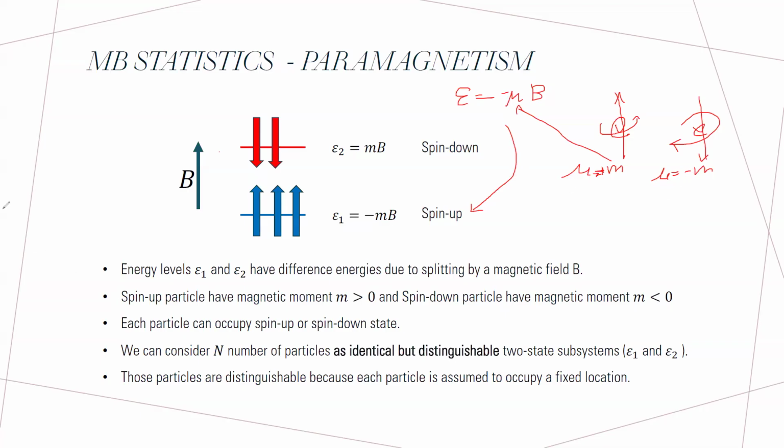If you substitute this one over here, we get positive mB, because we have minus m here. So epsilon 1 is equal to minus mB, and epsilon 2 is equal to positive mB. So we consider that these particles are identical but distinguishable.